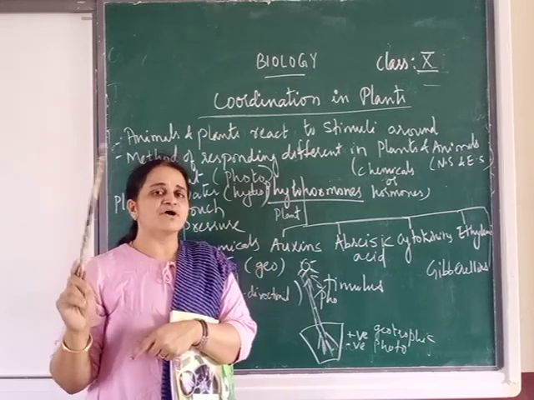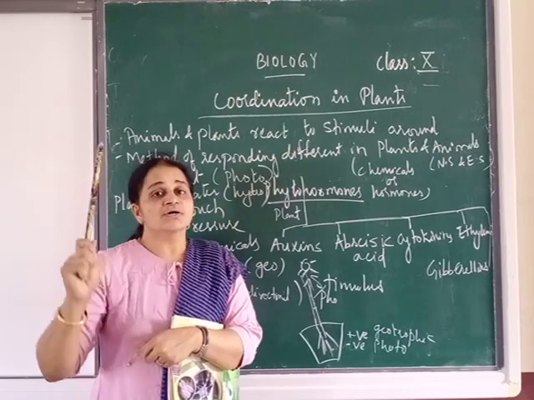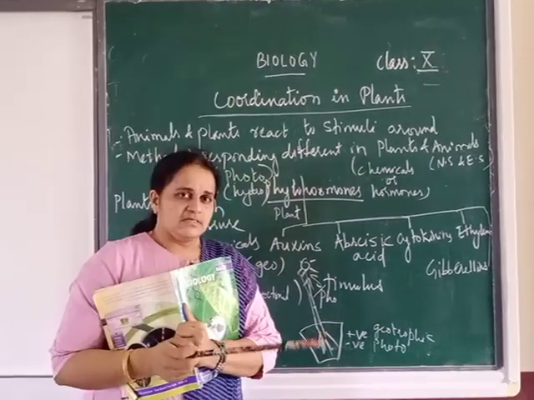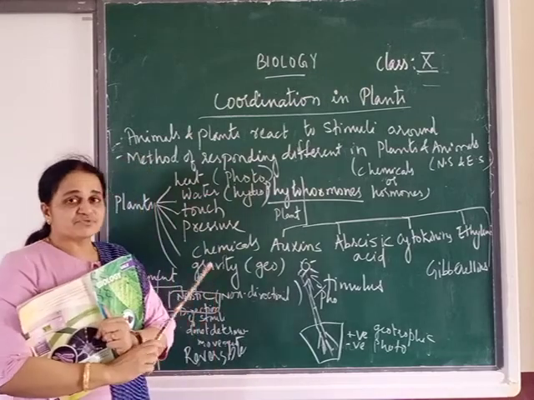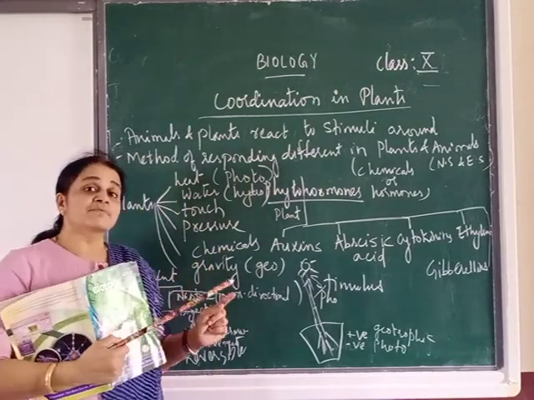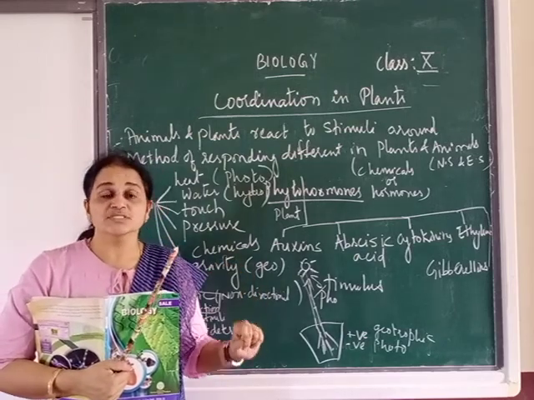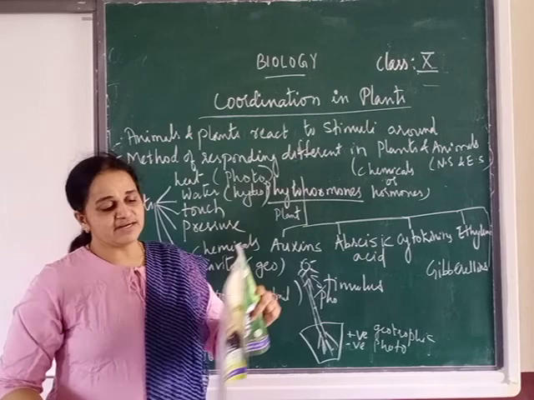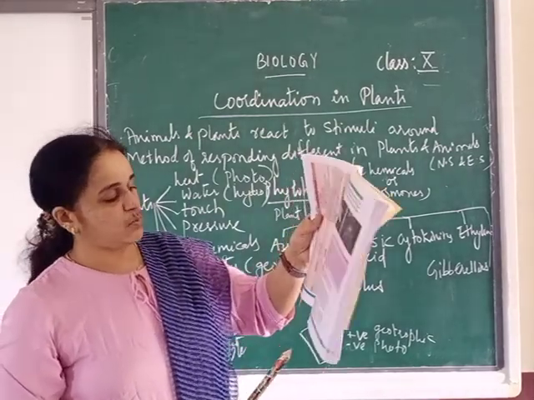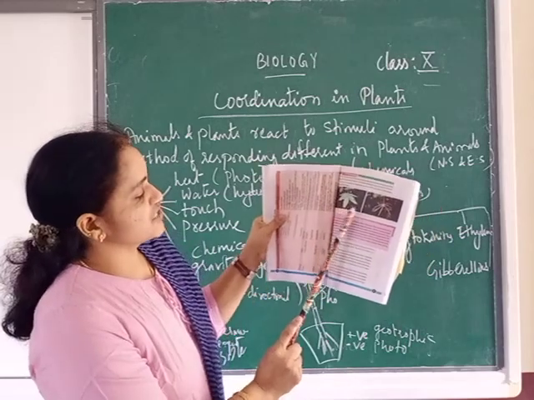That means they do not have a nervous system, but still plants show response. So did you understand the difference between tropic and nastic movement? For nastic movement, remember the touch me not plant. The scientific name of touch me not is Mimosa pudica. For that you have to refer to page number 109, where they have given the example of the touch me not plant.